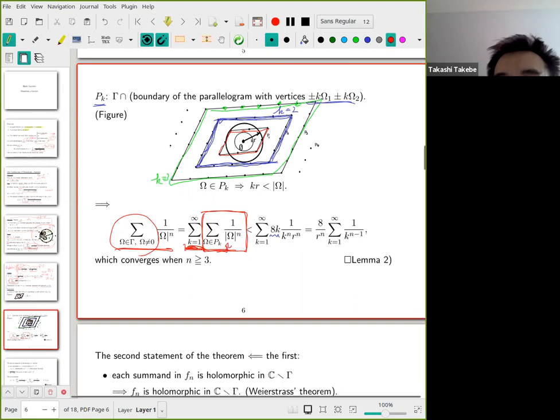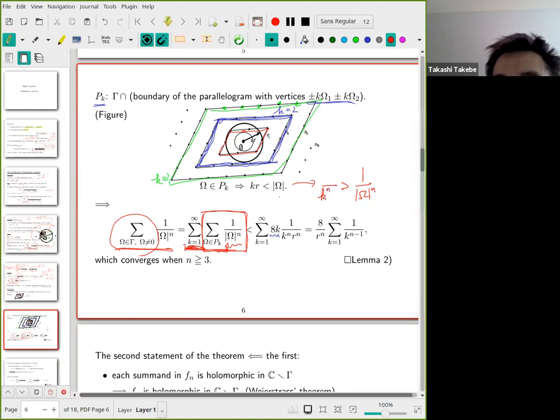And each term is bounded by this. So we have this inequality, namely this one.